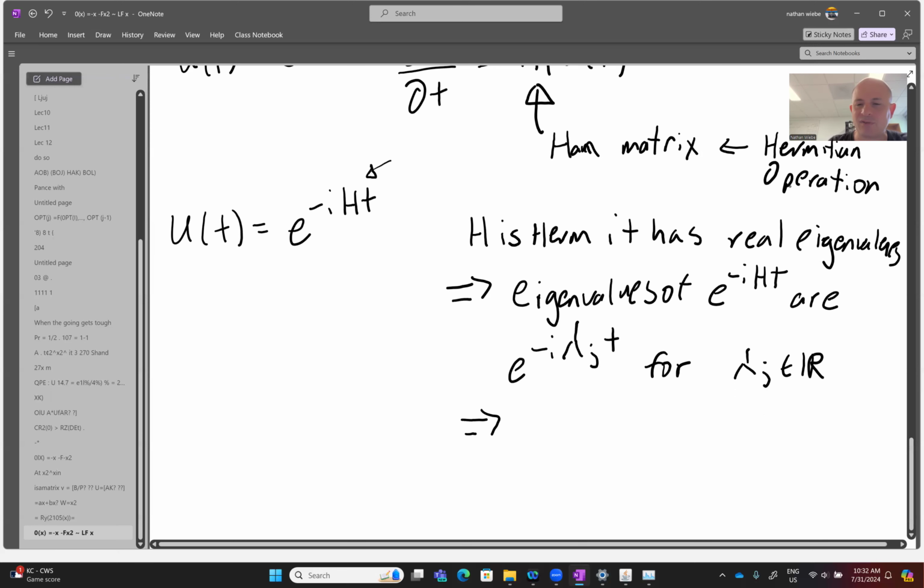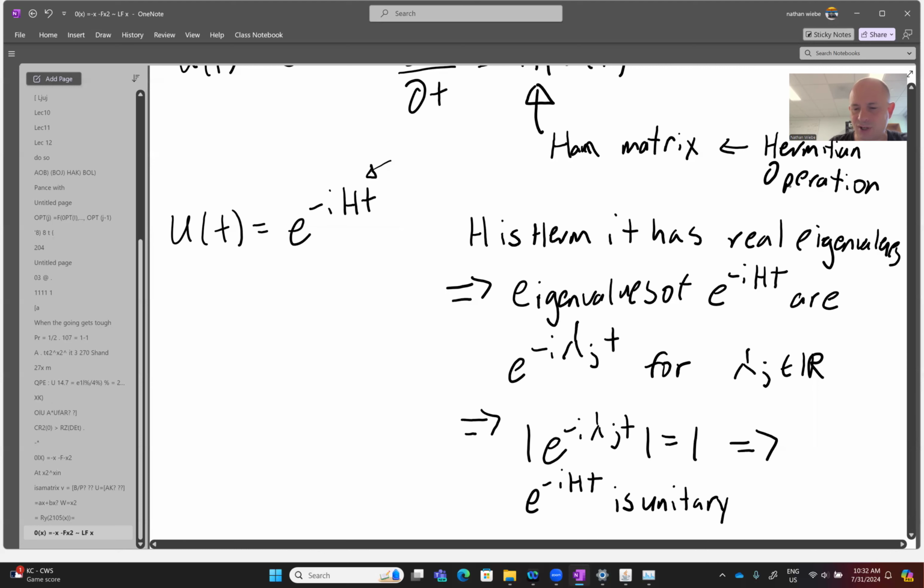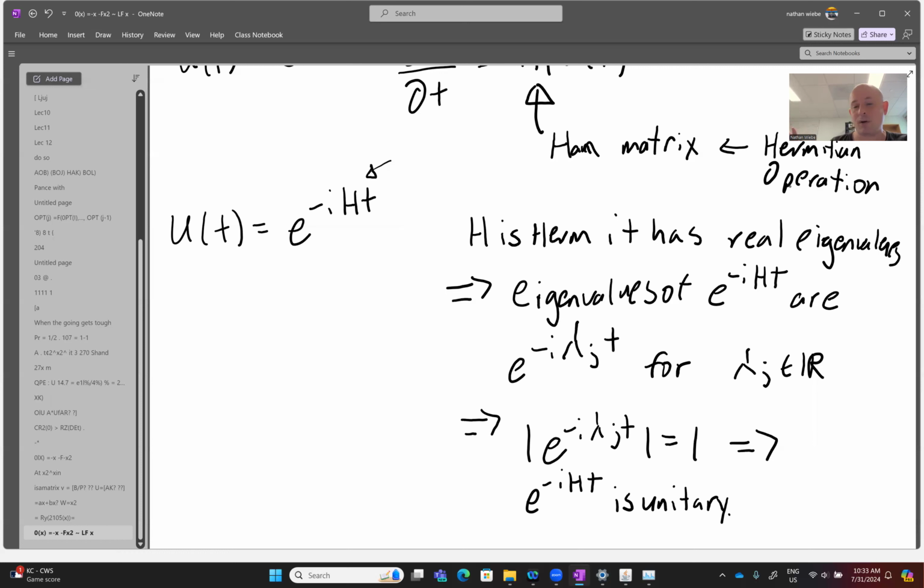And this implies that the absolute value of the eigenvalues of e to the minus i lambda j t equals 1. And this implies that e to the negative i h t is unitary. Okay, so this means that this is a unitary matrix that we can look at building in our quantum computers.